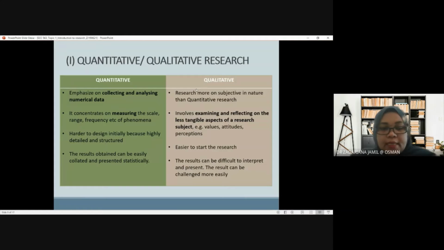The third characteristic of a quantitative study is that it is harder to design initially because it is highly detailed and structured. It is difficult to design the research at the beginning because you need to detail and structure your research.